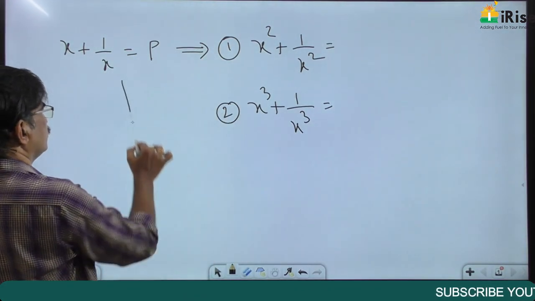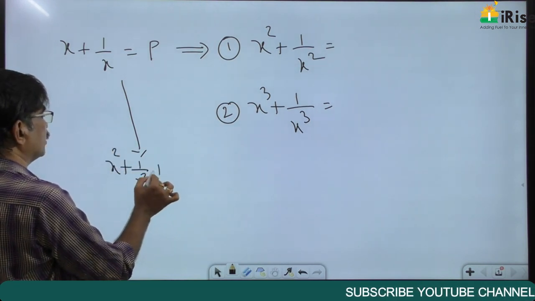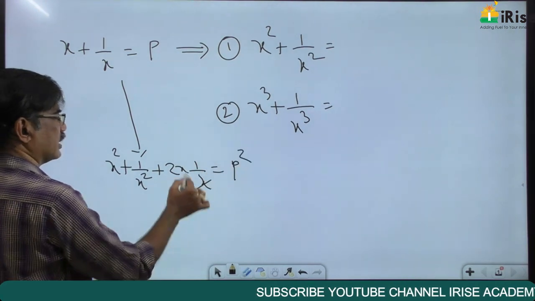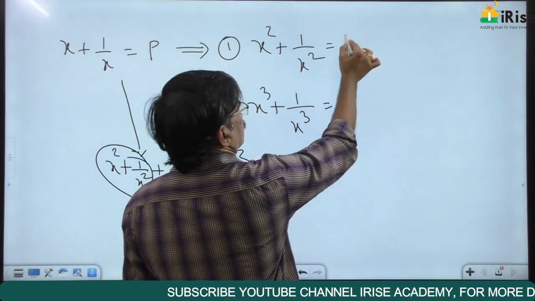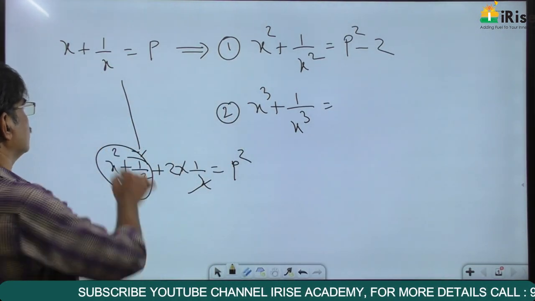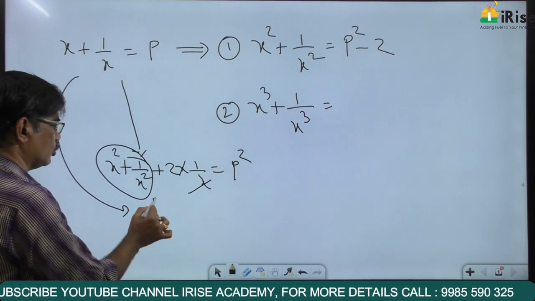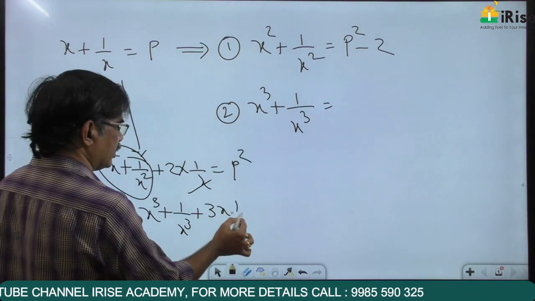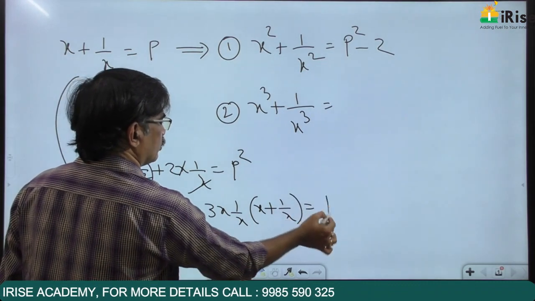Here, just square this. a square plus b square plus 2ab is equal to p square. x cancels. So x square plus 1 by x square is equal to p square minus 2. Similarly, a plus b whole cube, a cube plus b cube plus 3ab into a plus b is equal to p cube.